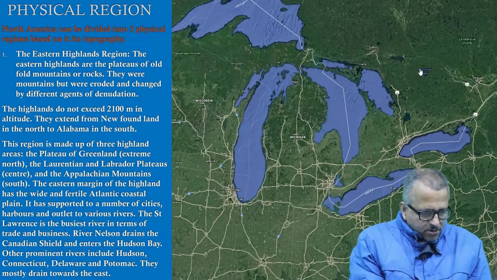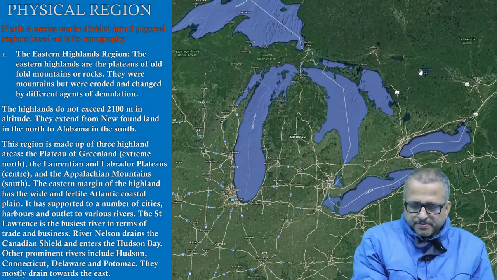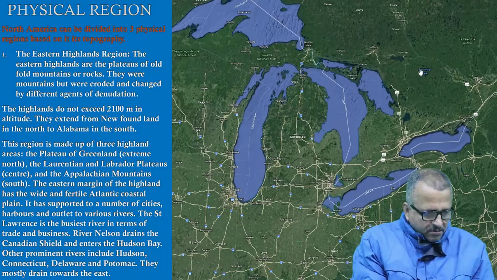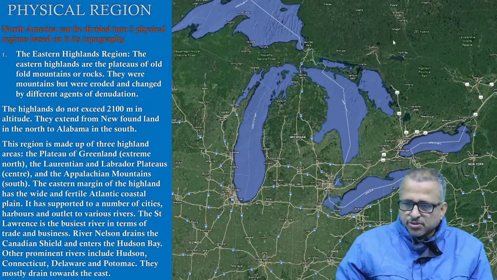Now, so here we could see. Now another thing, beside this river, the River Nelson, which drains into the Canadian sea, Hudson Bay. Let me show you Hudson Bay here.